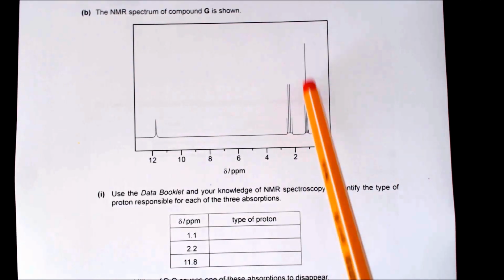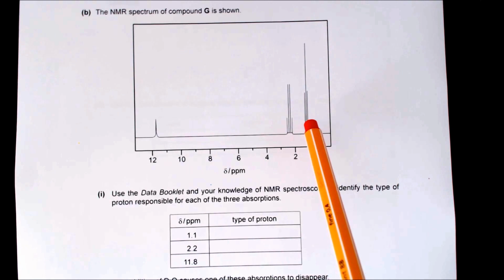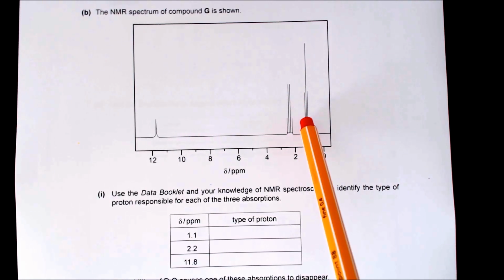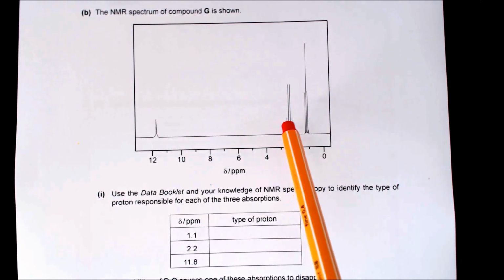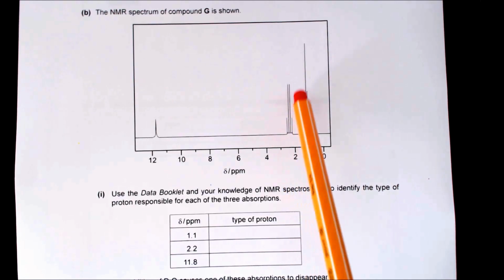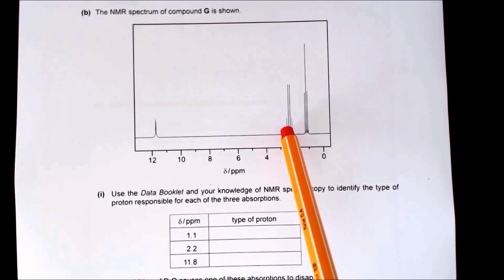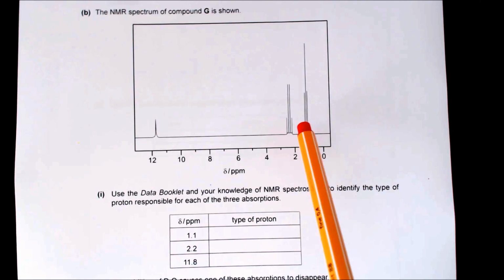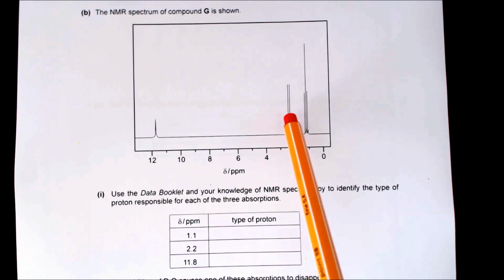So because we've got 3 peaks here, that means we have 2 hydrogens next door to it. This one is a different environment, and this one is split into 4 peaks, and this tells you that this is next door to something with 3 hydrogens in. So which is pretty useful.